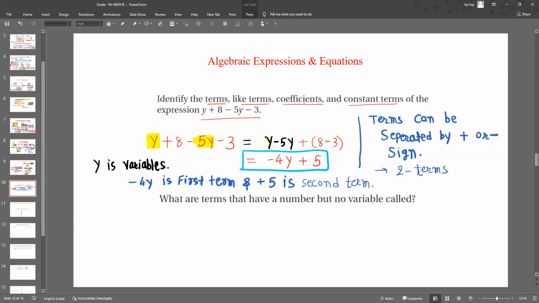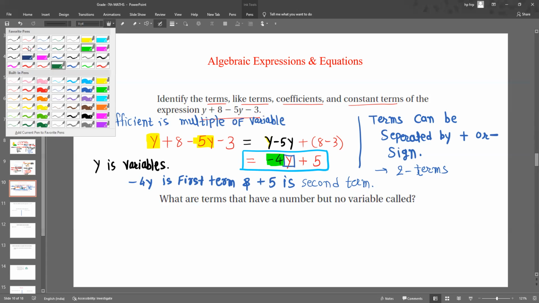Then coefficient. Coefficient is a multiple of a variable. Here the variable is y, and the multiple of this variable is minus 4.